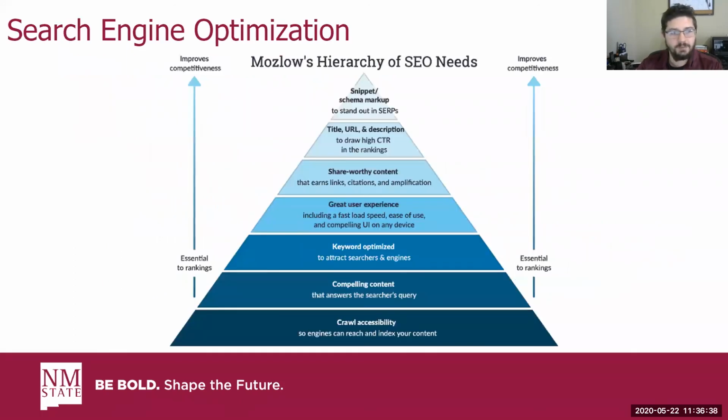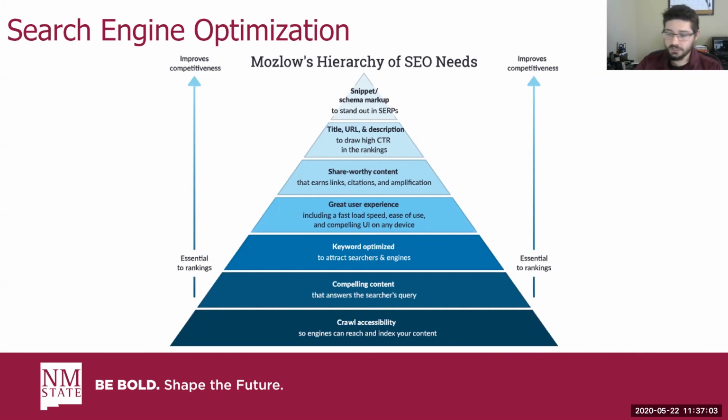So I know this graphic might be a little hard to see, but this is a really good building block of SEO. On those 7 fundamentals, here's how important they are in SEO optimization. Obviously, you want the crawler to be able to access your site, because if the crawler can't access your site, it doesn't matter how good your site is, you're not going to show up because Google can't find it.